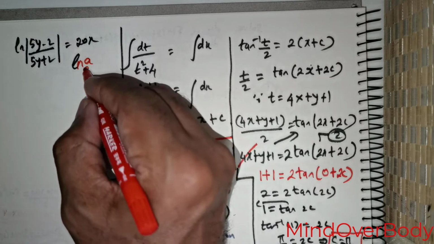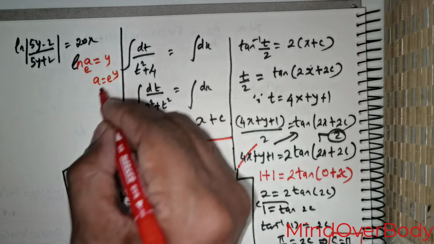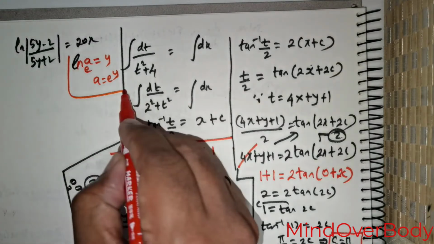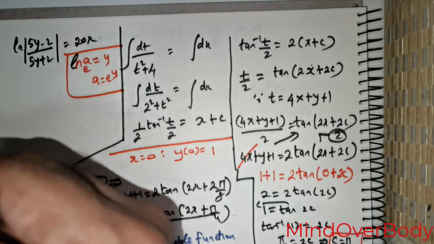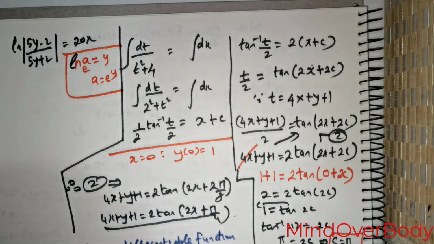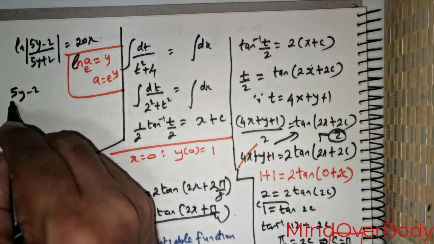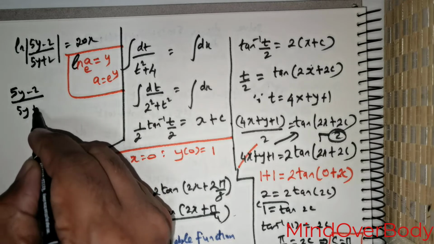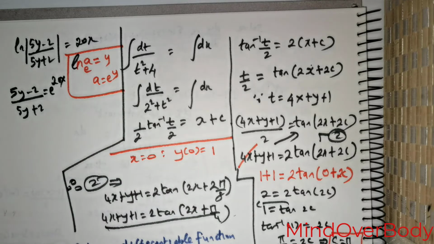Ln a to the base e is equal to some y. Then you can write a is equal to e power y, because this is base natural logarithm. So I can use that concept and rewrite this as 5y negative 2 divided by 5y positive 2 is equal to e raised to the power of 20x.